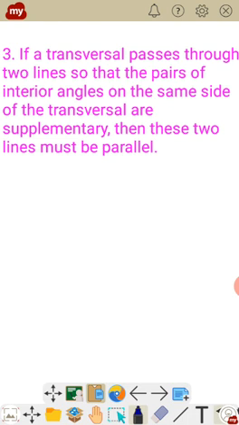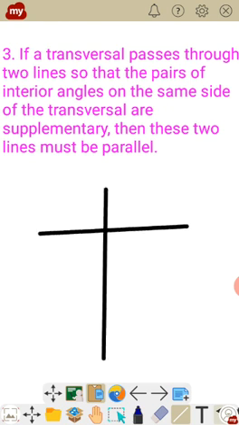Now the third property says that if a transversal passes through two lines so that the pairs of interior angles on the same side of the transversal will always be supplementary, then those lines are said to be parallel. Means what? It is also very simple to get our result of parallel lines.